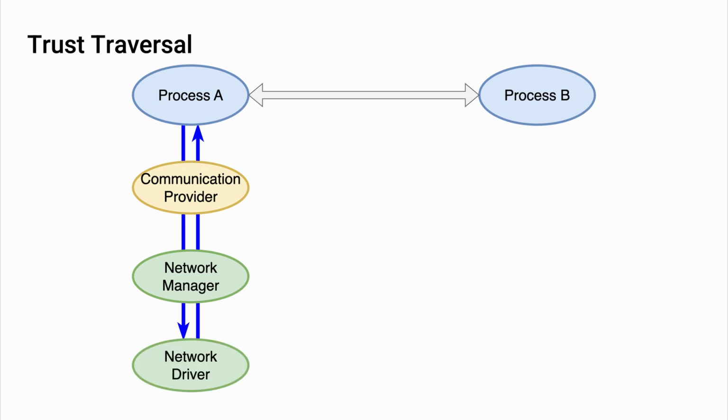Additionally, the network driver is also provided by the operating system, so that's trusted. What we're doing here is building up confidence in how we undertake our operations. Keep in mind that this approach can be applied to any set of operations.